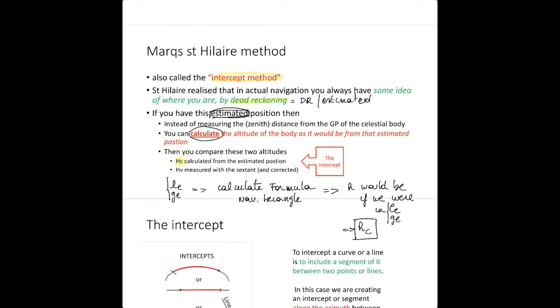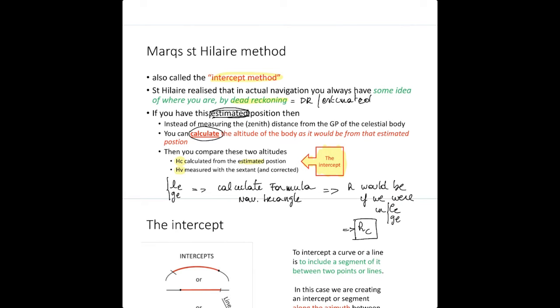So we first calculate the altitude based on our estimated position, but secondly, we also have a sextant. The second altitude that we get is from the actual observation that we do with our sextant, and that altitude we call HV. If we compare the calculated altitude based on the estimated position and the true altitude based on what we read on our sextant, then we get the intercept.